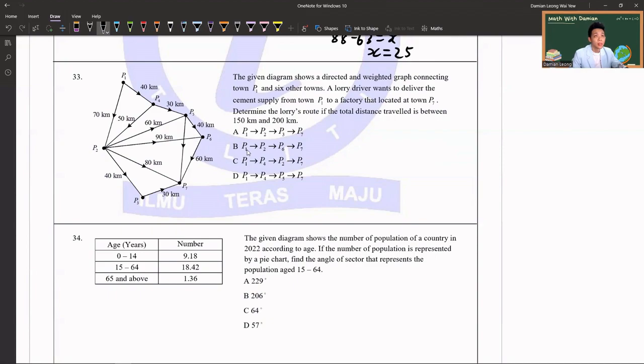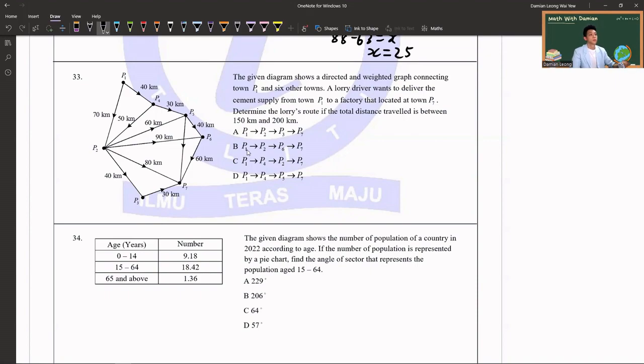Determine the lorry's route if the total distance traveled is between 150 km and 200 km. So we need to determine the correct pathway here that will give us a total weightage of between 150 and 200 km.